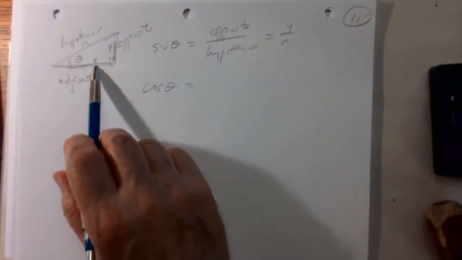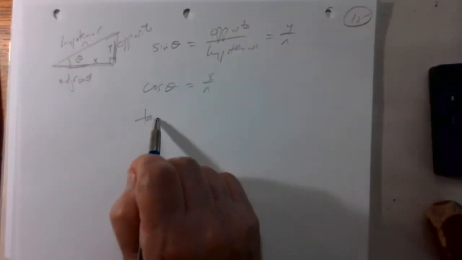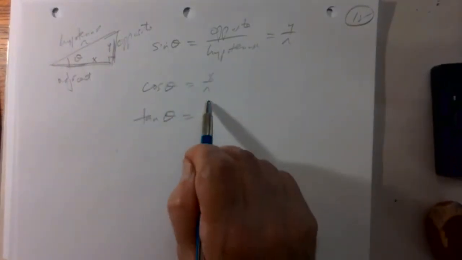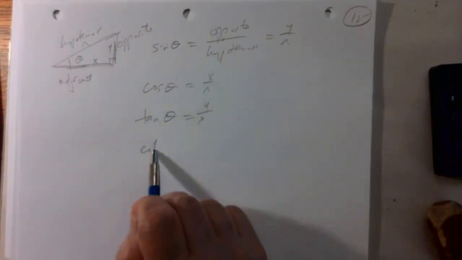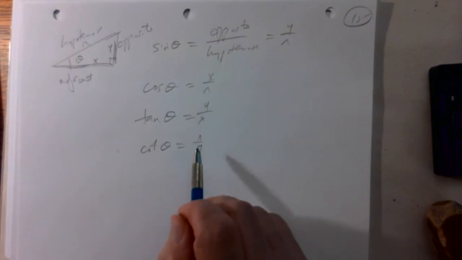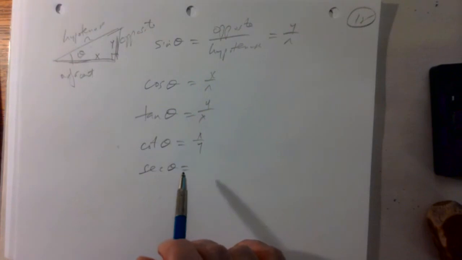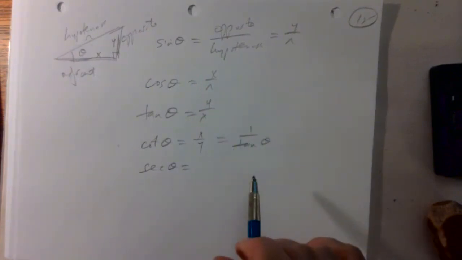Cosine theta is adjacent over hypotenuse, which is x over r. Tangent theta is opposite over adjacent, which is y over x. The cotangent of theta is adjacent over opposite, x over y, so the cotangent of theta is 1 over the tangent of theta.